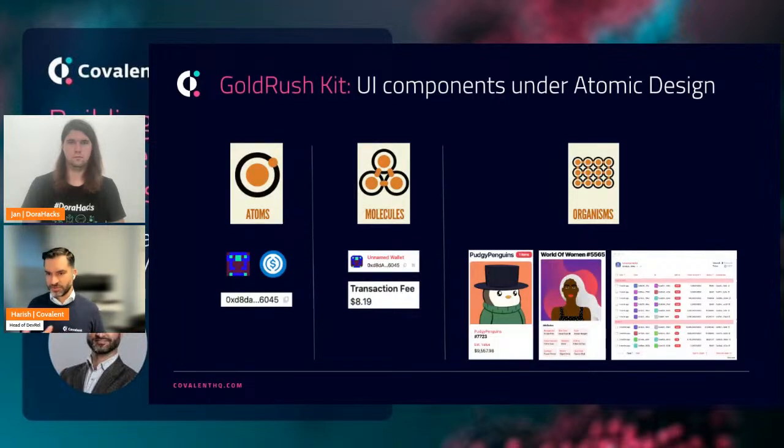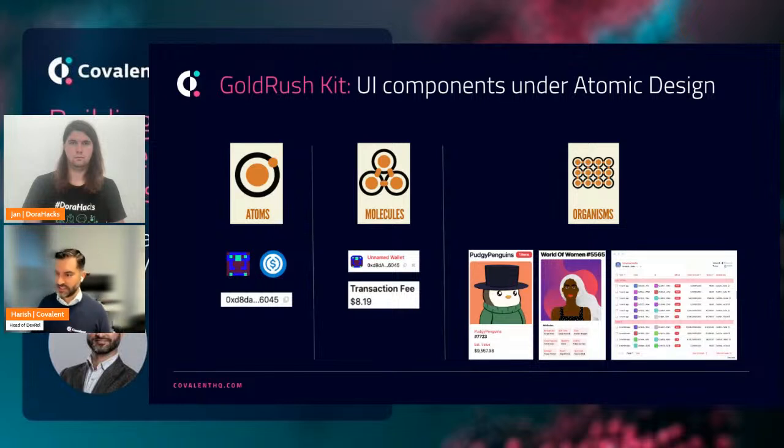I'll get into the actual demo of GoldRush in just a second, but I just wanted to talk a little bit about how we've thought about this kit in terms of the build and the design for it. It stems back to a principle you can look up by Brad Frost around atomic design.